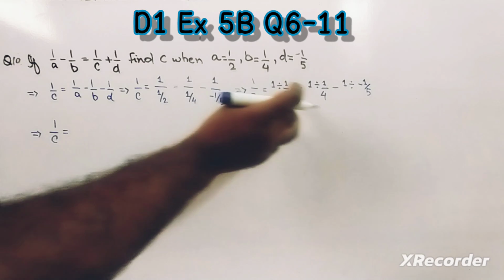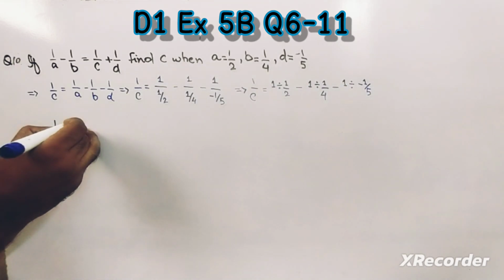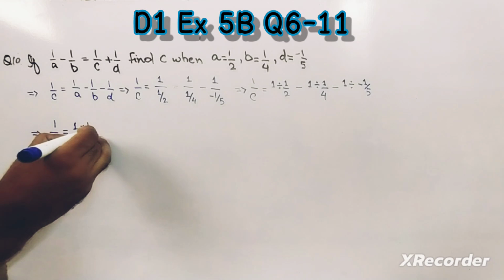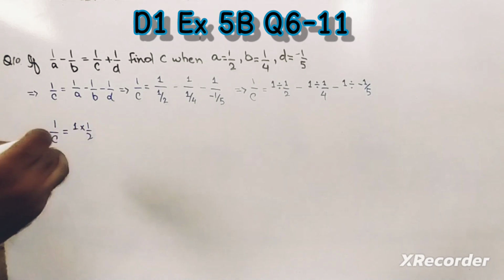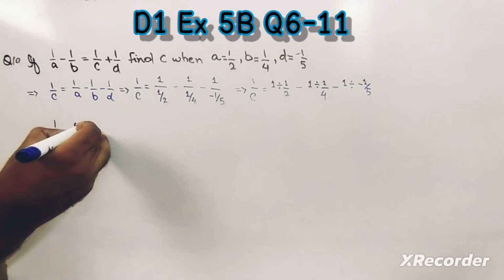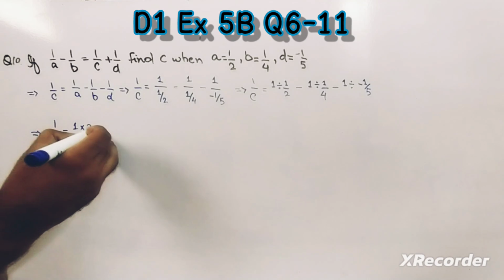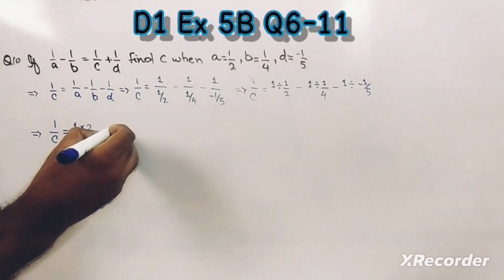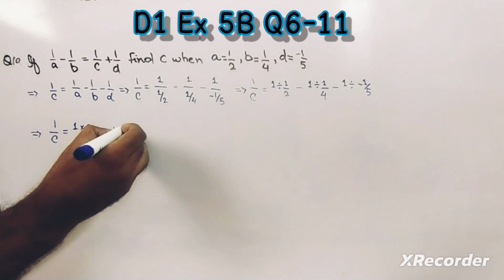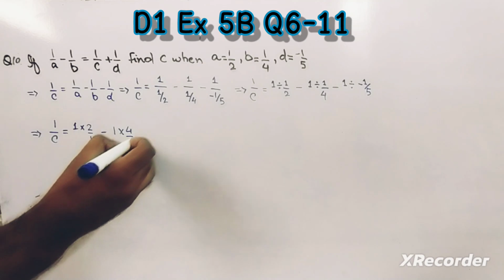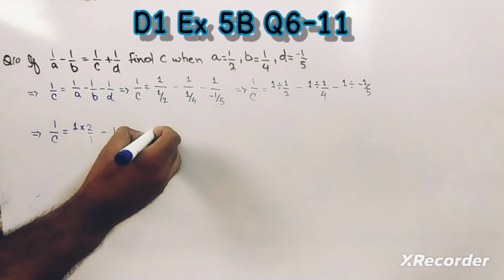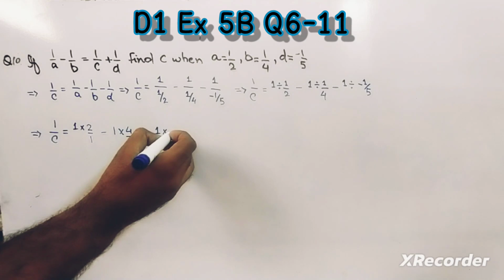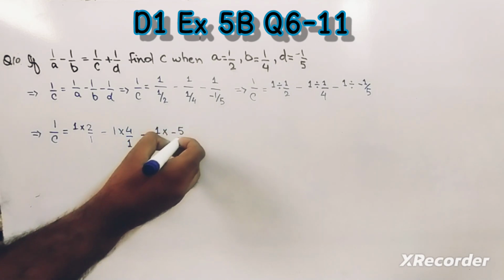By reciprocating all these numbers, what we get is 1 multiplied with 2 upon 1, minus 1 multiplied with 4 upon 1, minus 1 multiplied with minus 5 upon 1.